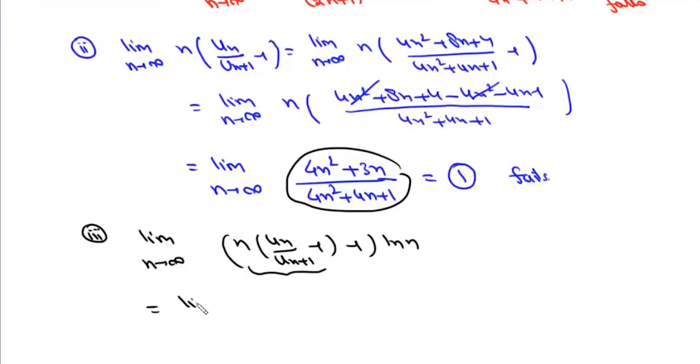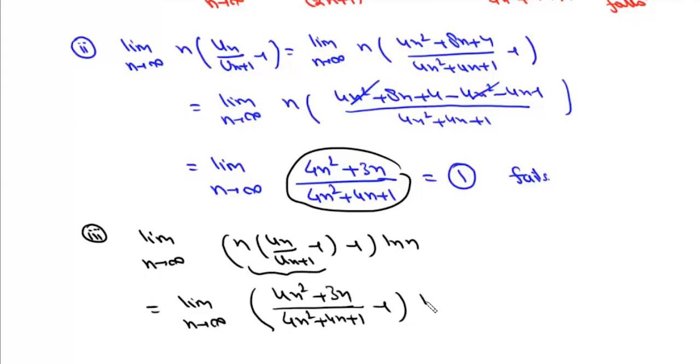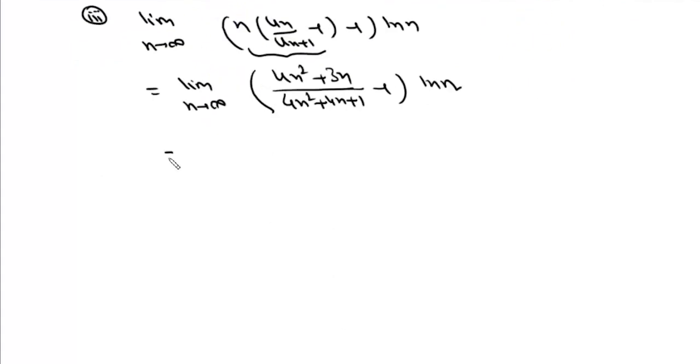So we can write this as this limit, n tends to infinity, of ((4n square plus 3n) upon (4n square plus 4n plus 1) minus 1) log n. Now this 4n square will cancel. So here we'll have (minus n plus 1) upon (4n square plus 4n plus 1) into log n.